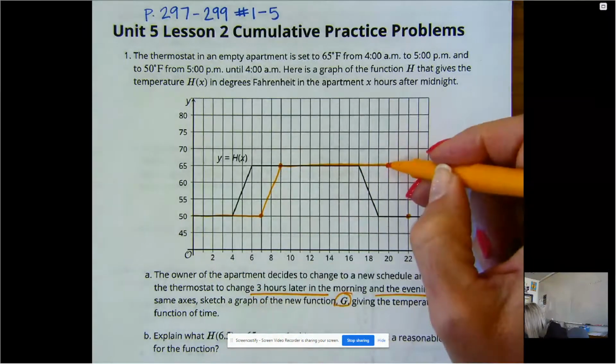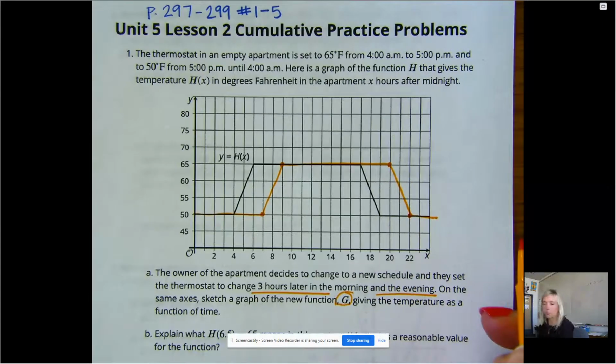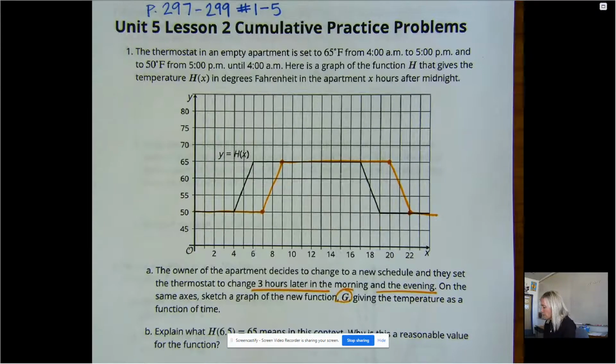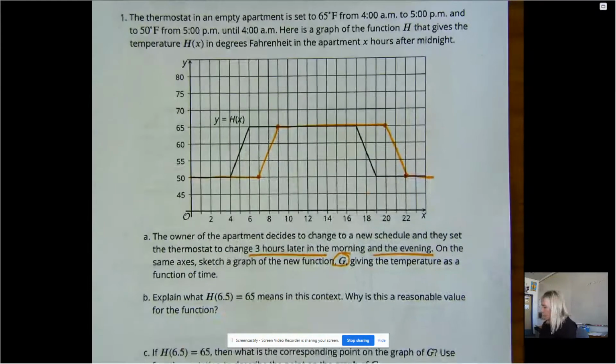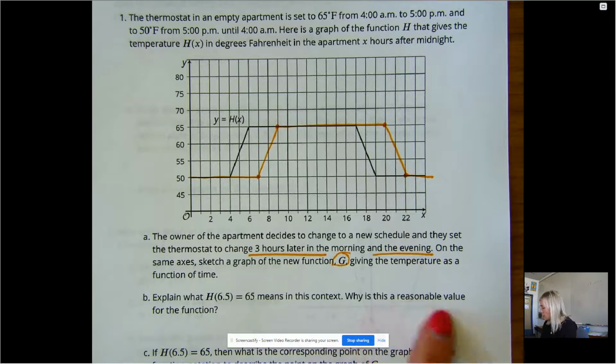So this is a change to the input. The output has stayed the same. Okay, so it's just a change to the input. So explain what h, the original function, h of 6.5 equals 65 means in this context. Why is this a reasonable value for the function?